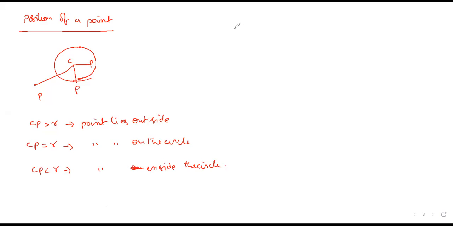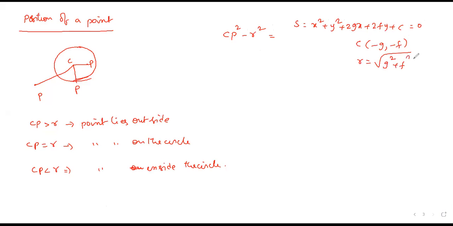Now we find CP square minus R square. The circle S equals x square plus y square plus 2gx plus 2fy plus c equals 0. The center is minus g, minus f, and the radius is root of g square plus f square minus c.